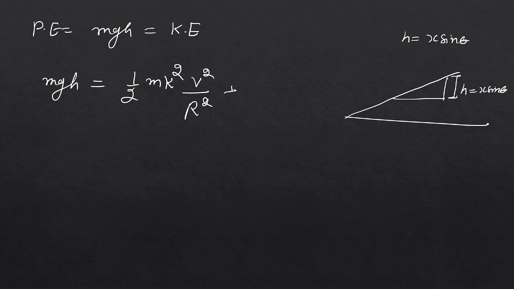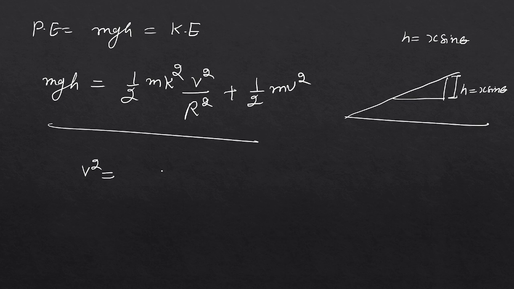I am taking it directly here, you can do this very elaborately. So v square is 2 r square over r square plus k square, times g sine theta, and I can write mg x sine theta.